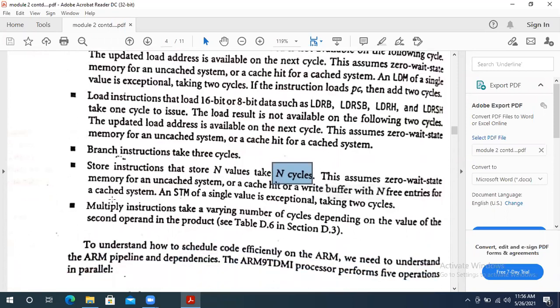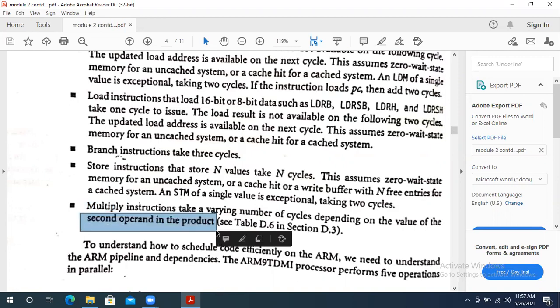Next, the last one is if you are executing the multiply instructions. I think we saw this in the previous classes, that is the multiply instruction here. So in this it's very important to understand that in multiply instructions the cycle depends on your second input here. They have given here the cycles depending on the value of the second operand in the product.